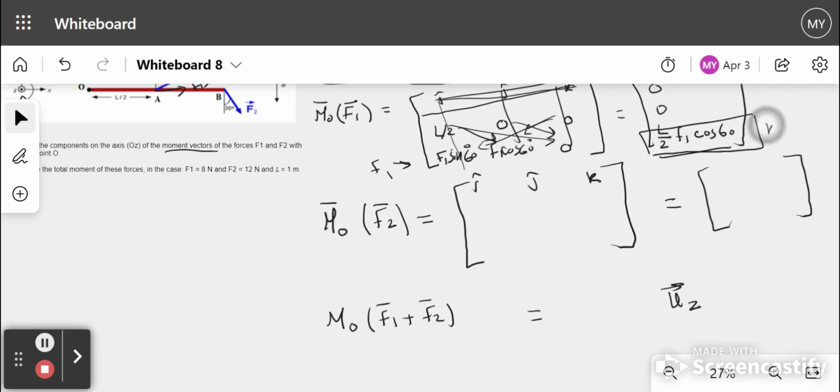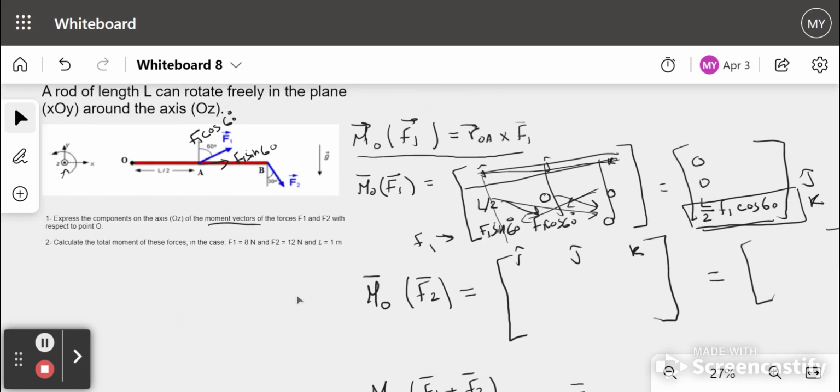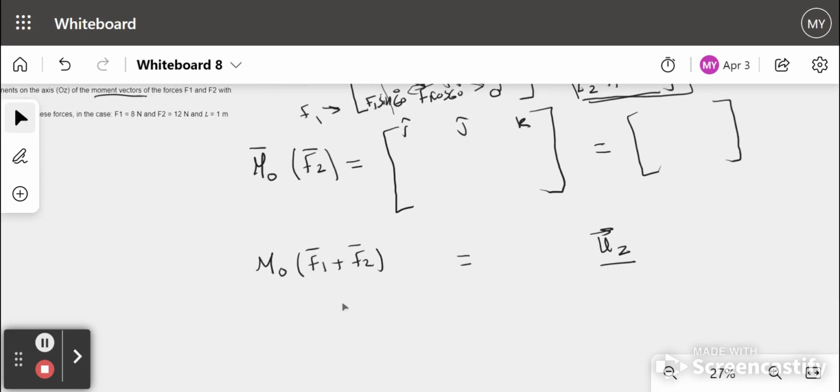This is the k, because this is your j and this is your i. So your moment is actually a rotational moment. It's in the z direction. That is what we said here. Moment is actually the rotational force. So that's the end of the first lecture.